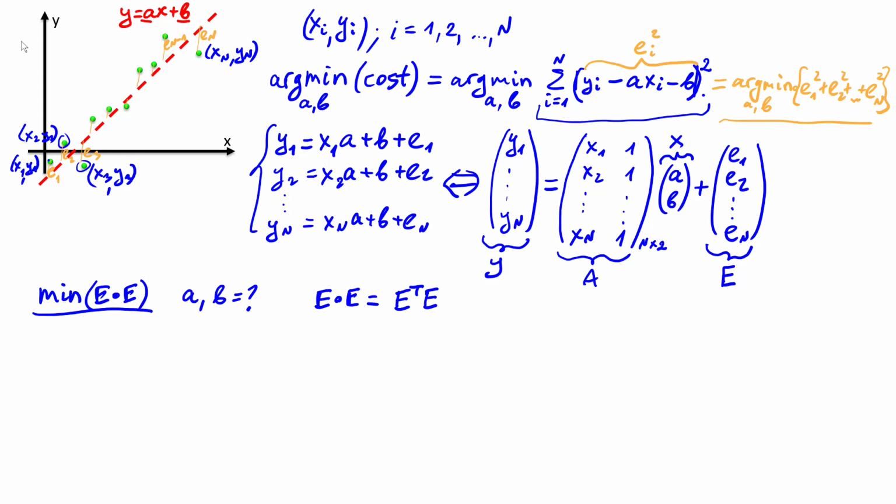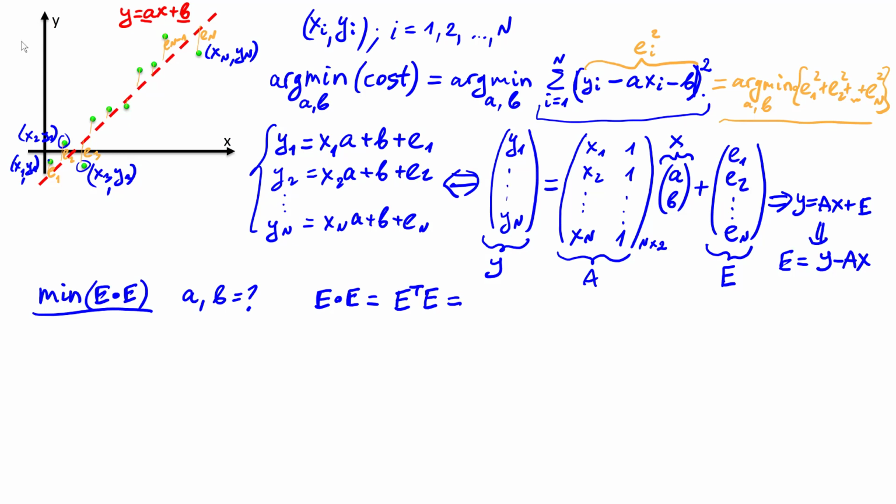Now let's write that explicitly. So from here you get y equals ax plus e, which means that e equals y minus ax. So let's put it here.